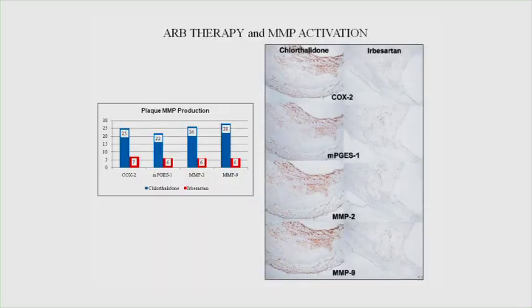That's the theory. In practice, if we block the angiotensin 2 receptor, we have lower levels of cyclooxygenase, prostaglandin E synthase, and thus we have less matrix metalloproteinase 2 and 9. And you can stain for these and see with the diuretic, you got a lot of these matrix metalloproteinases, they're blocked if we give you the angiotensin receptor blocker.